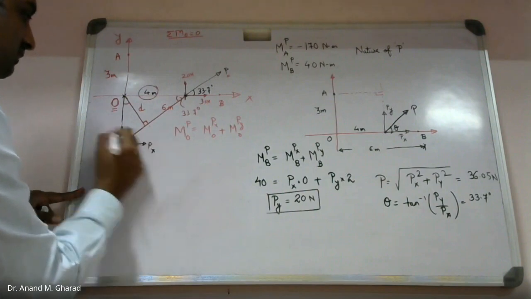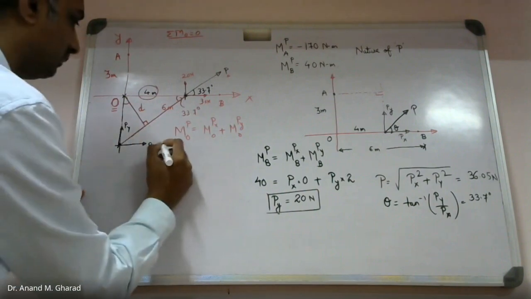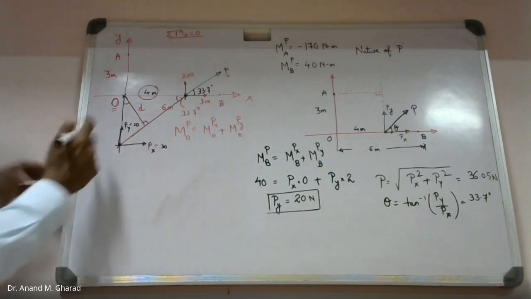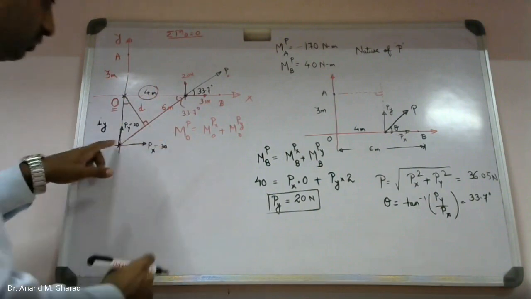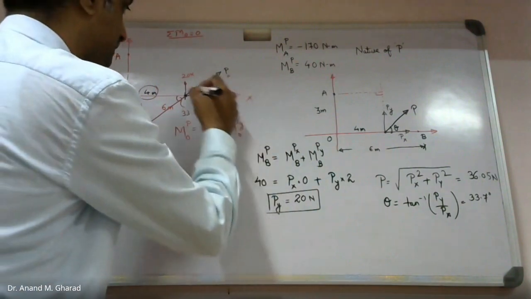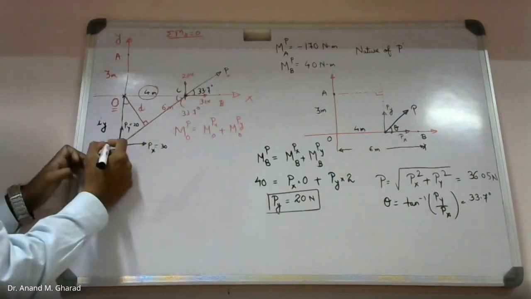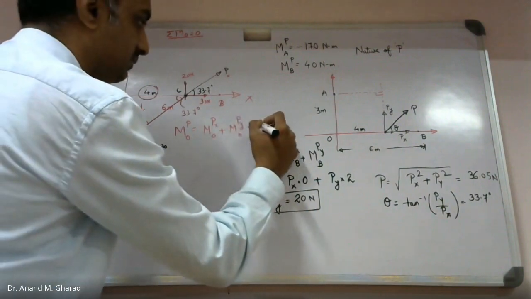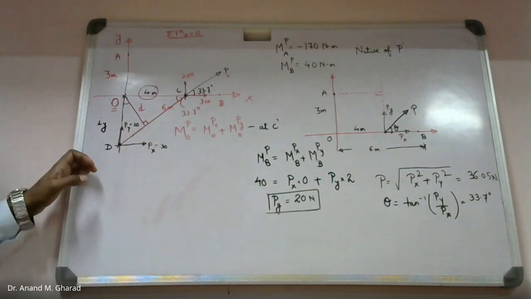That is Px and Py or 30-20, whatever we have found out. Okay, and this is the IY location, right? So there are two locations. This is one location. Let me call this to be point C, and let me call this to be point D.